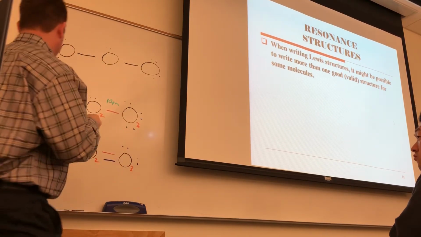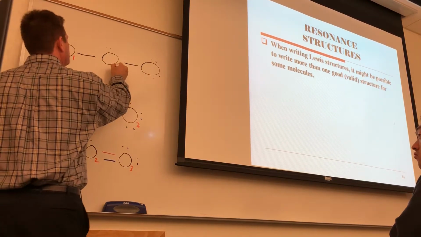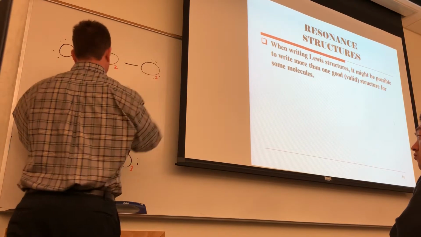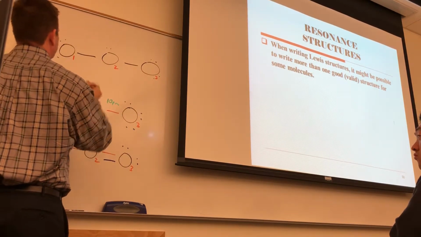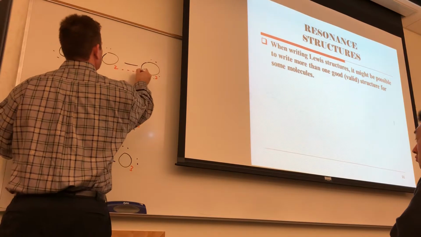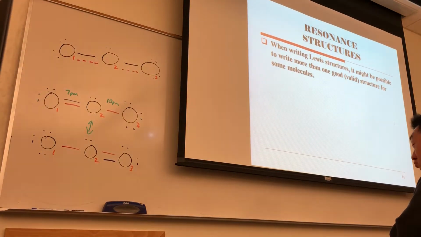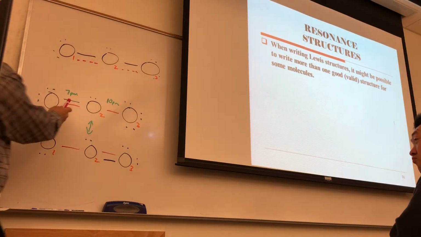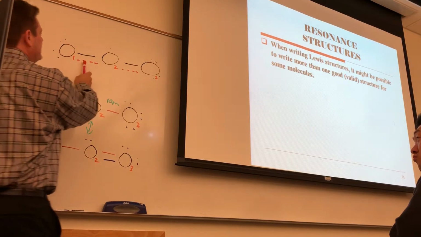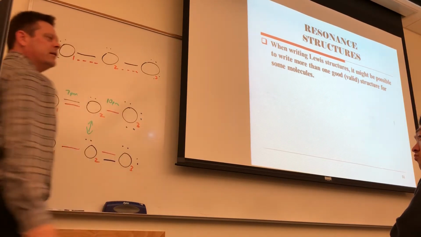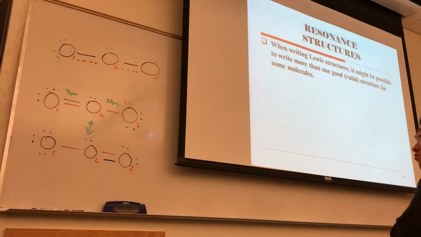Let me make sure we reference our 1, 2, and 3 oxygens. And I get something like this. I have the electron density from this double bond or this one distributed equally between both areas. What I'm doing is delocalizing the electron density. Here, it's localized.